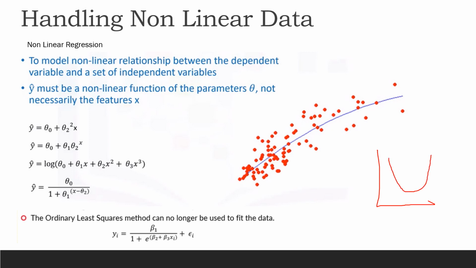This is what the cost function looked like in that case, and we found the values of beta naught and beta 1 which would give us this point, the global minima.